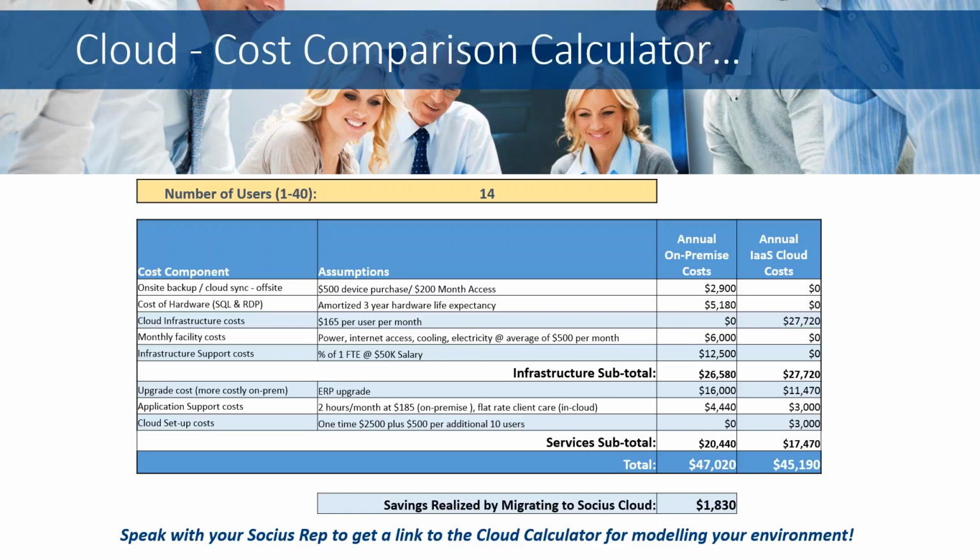This particular table takes into account an infrastructure as a service model in the Socius Cloud, which means basically we are hosting your services, your ERP on our cloud, but you maintain the licensing with Microsoft. You can speak to your Socius account representative to get a link to the cloud calculator, and you can model your environment and take a look to see what the value and the savings opportunity by migrating to the Socius Cloud are for your organization.